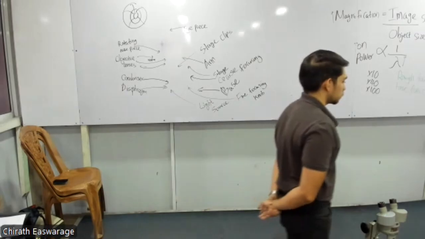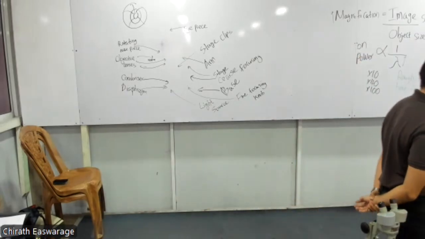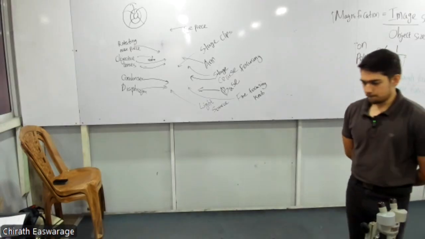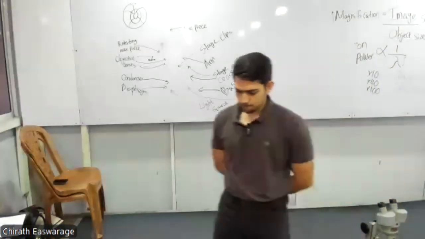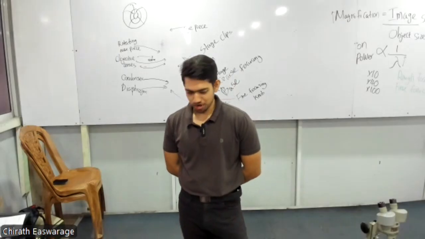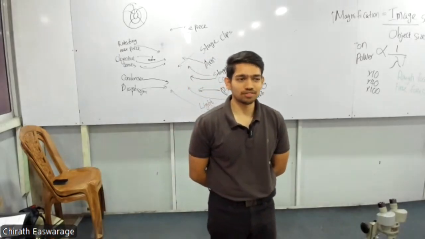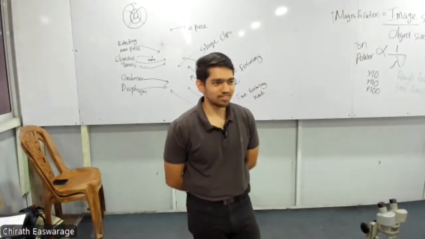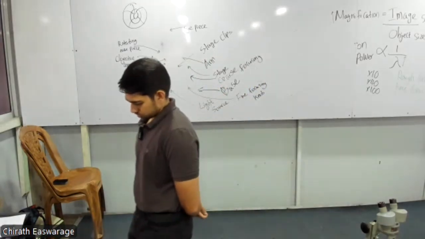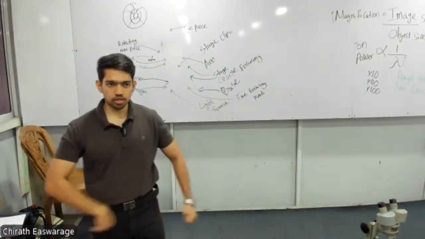Hold the specimen on the stage. Main switch is to switch on and off the light source. Okay, don't think about that much. Specimen holder, cut it and write stage clips.